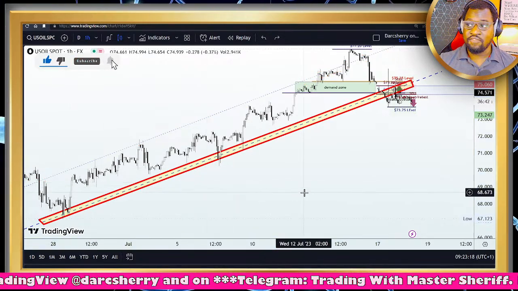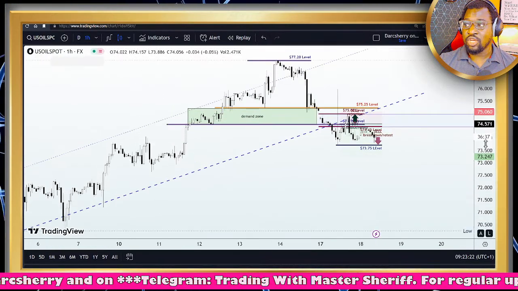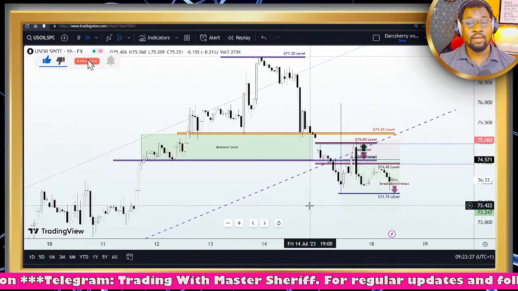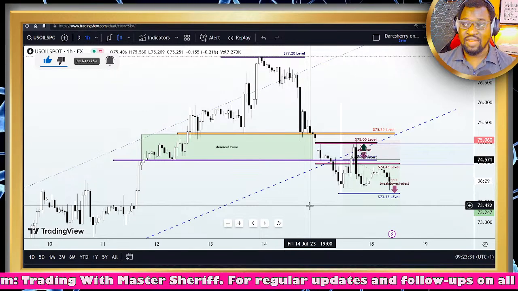Our center of focus for the week was around this area after we tried to decipher and understand what really went on in this market throughout the course of last week.